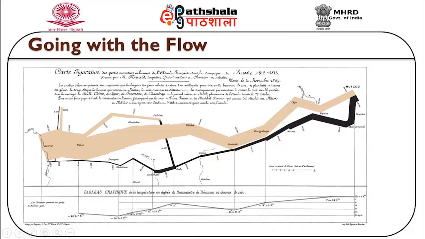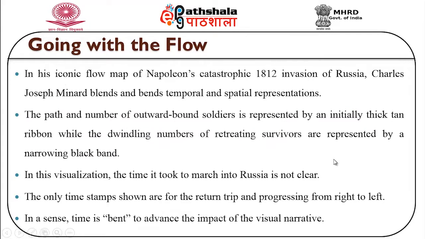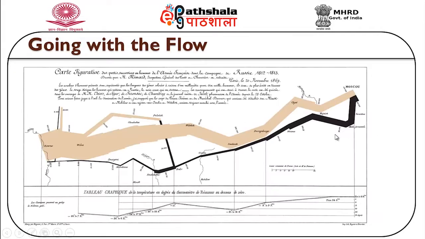Here we can see the variations in the time period with respect to the data that has been captured. In his iconic flow map of Napoleon's catastrophic 1812 invasion of Russia, Charles Minard blends and bends temporal and spatial representation. The path and number of outward bound soldiers is represented by an initially thick tan ribbon.